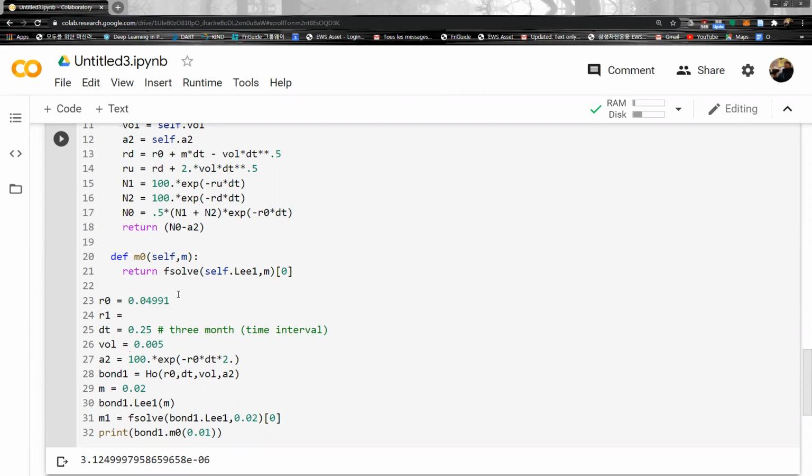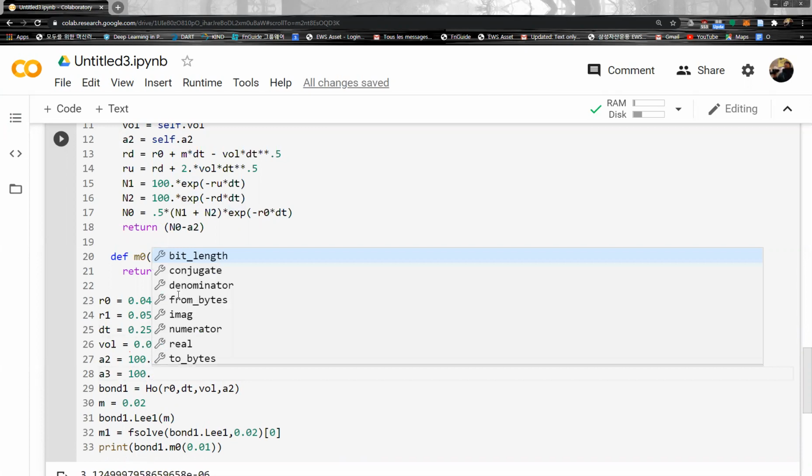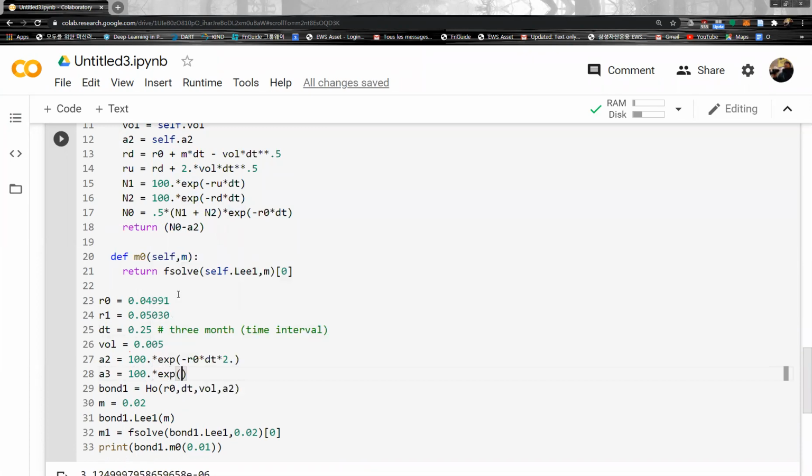We can pick some arbitrary number, 30. Let's pick this number. And then we have another bond: 100 face value multiplied by exp of minus R1 multiplied by dt, and then 3 periods. 3 periods is 3 months, 3 months, 3 months, so it is 9 months.